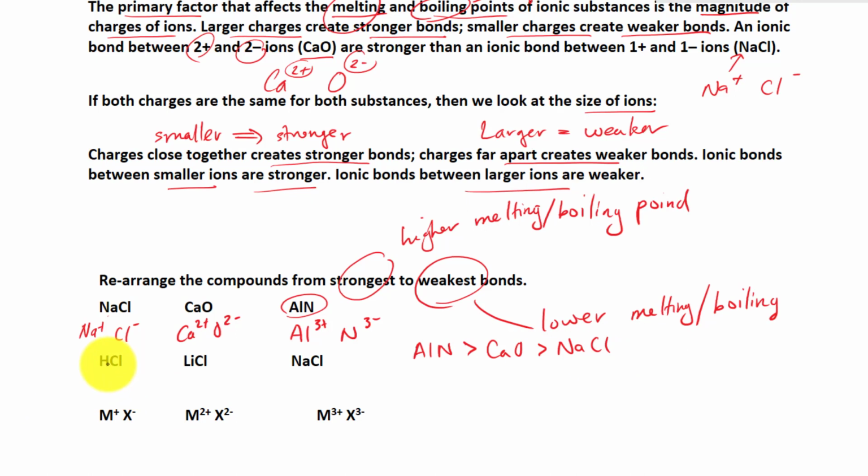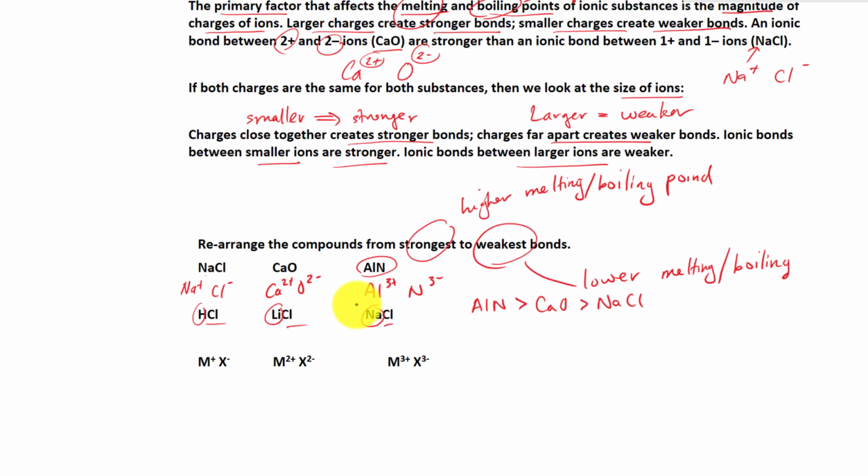Let's try another one. HCl, LiCl, and NaCl. And they all have Cl in common. But the one thing that's changed is right here. Well, we look at the trend on the periodic table. This is where hydrogen is, and then lithium right there, and that's where sodium is. So we know that going down the group, size increases, right? So that means this is the largest one.